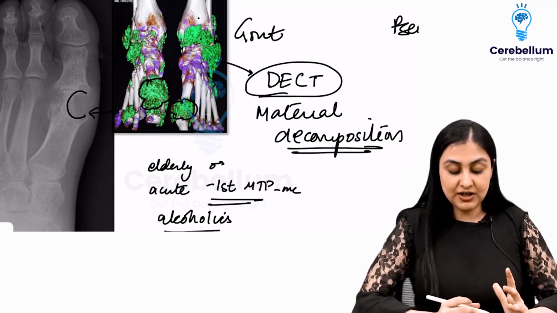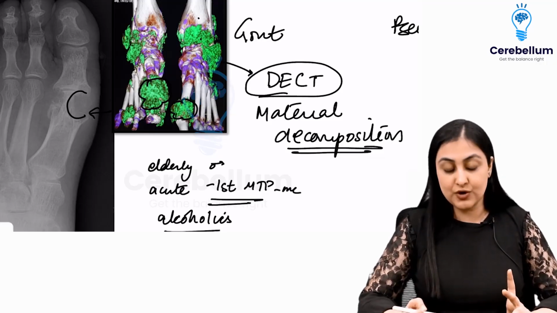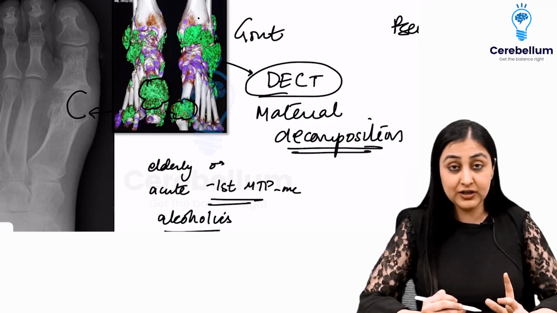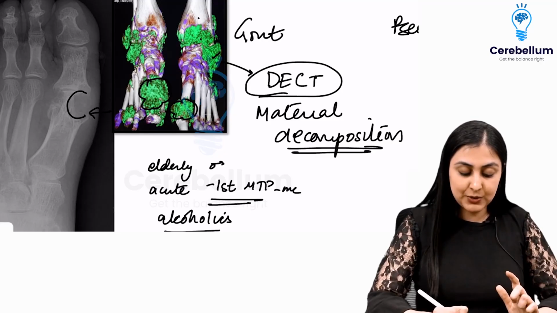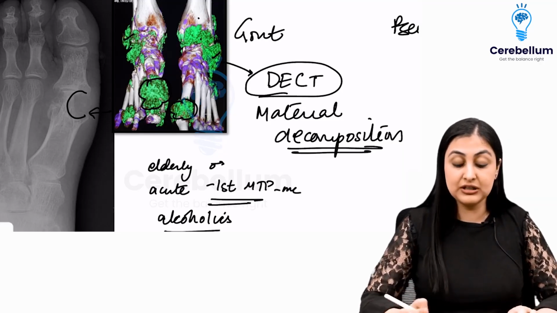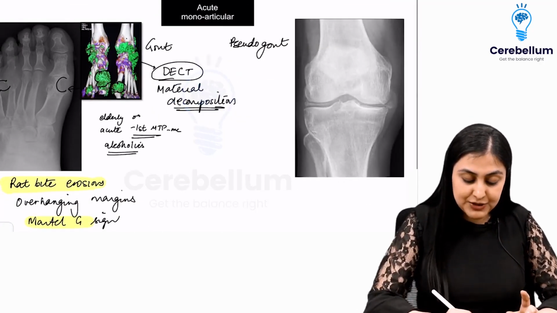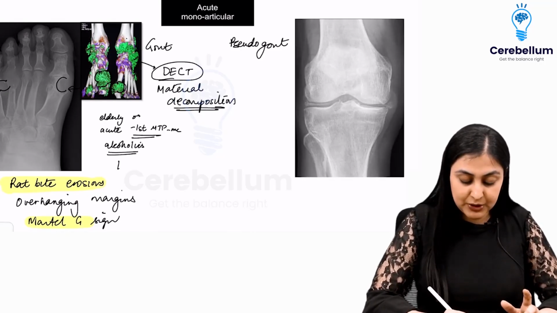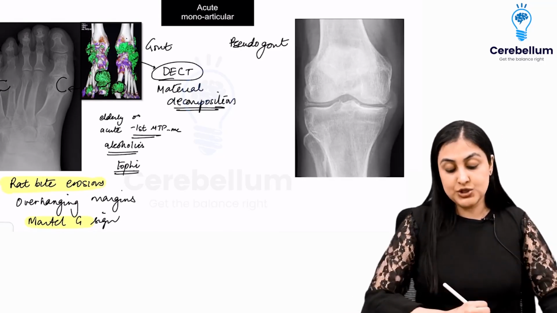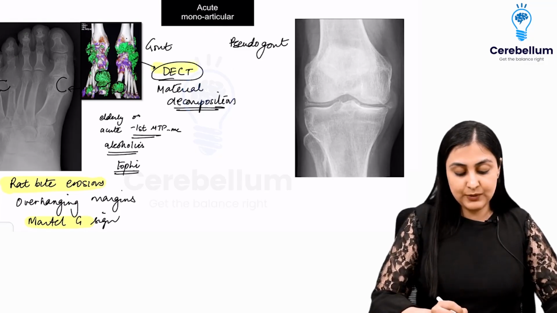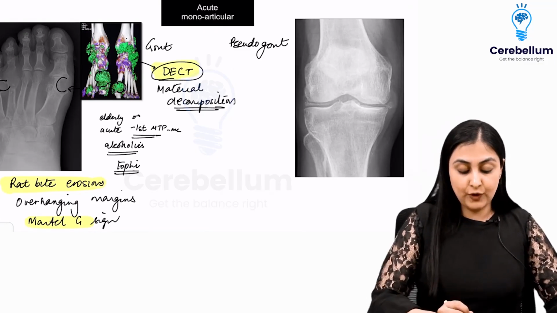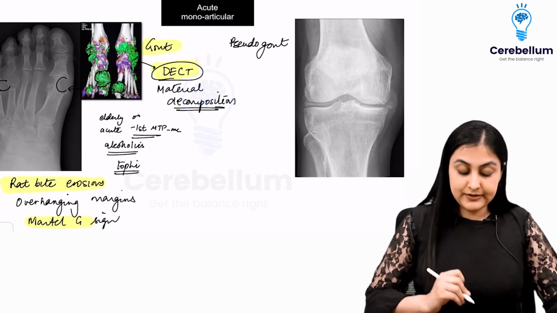So this, in a nutshell, can show you where all you have deposition, not just the joint where you have the erosion, but also the subcutaneous deposition in the form of tophi, right? In gout, we know there could be subcutaneous depositions which are called tophi, and that also can be picked up. So, the recent advance, DECT for gout, is what you want to remember.